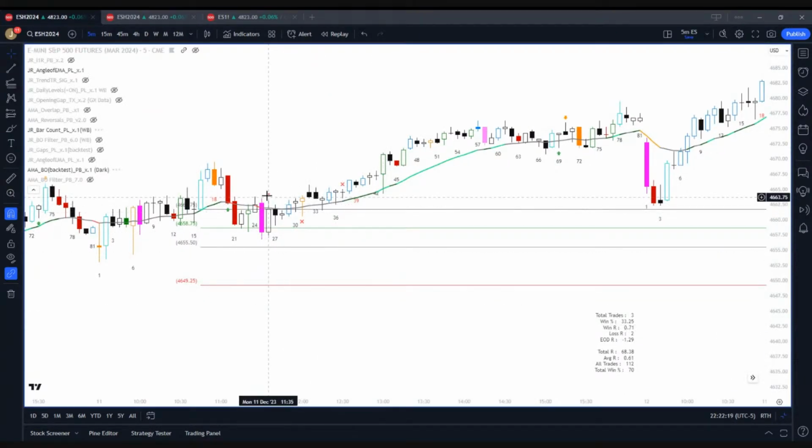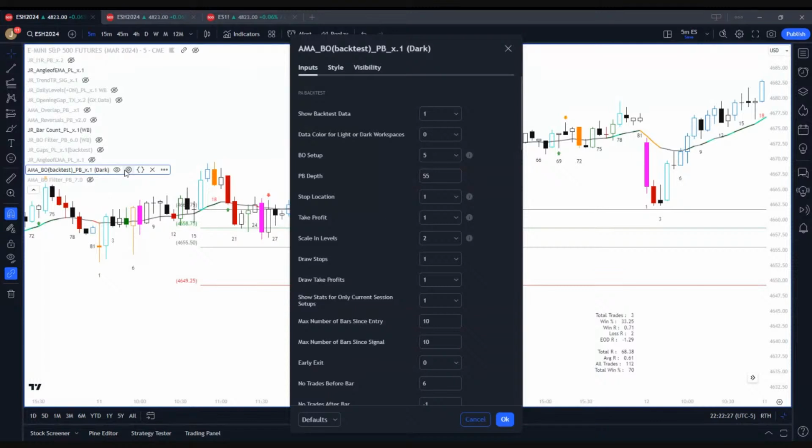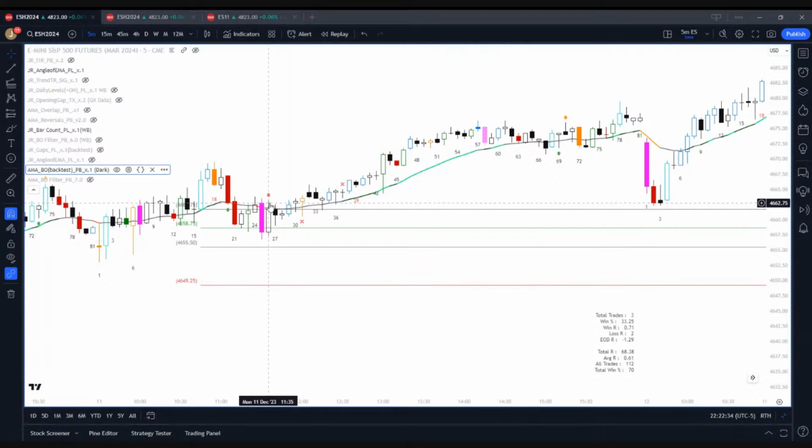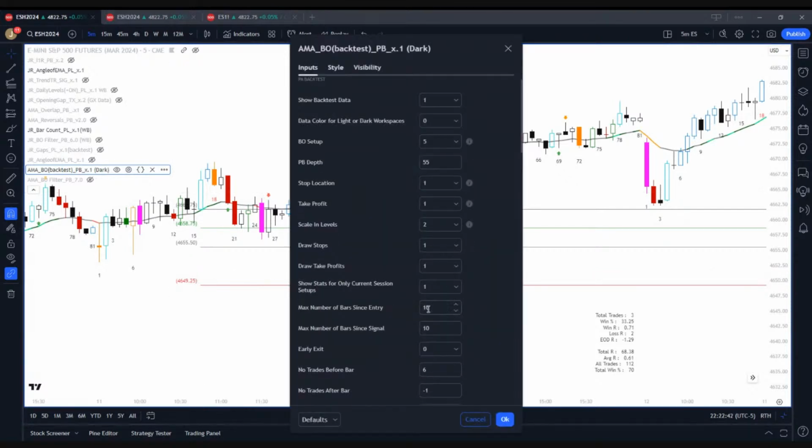And then this trade here, if we look at how many bars do we have since entry? Oh, sorry. I apologize. It was not. So this actually does not, if we, let's give it a little bit more here.